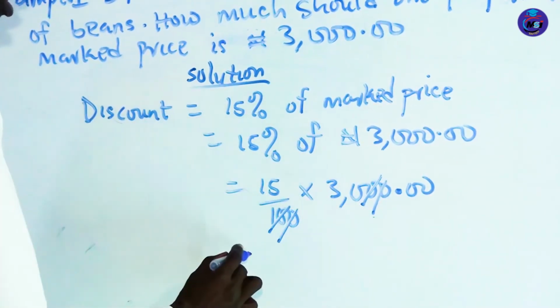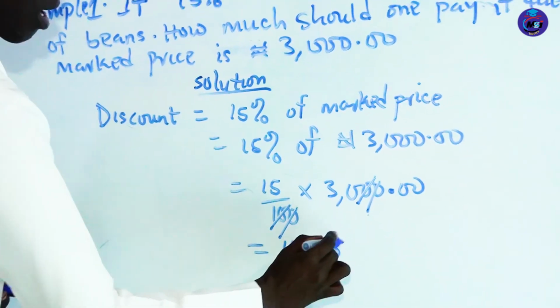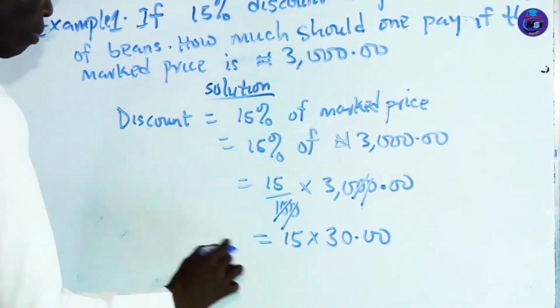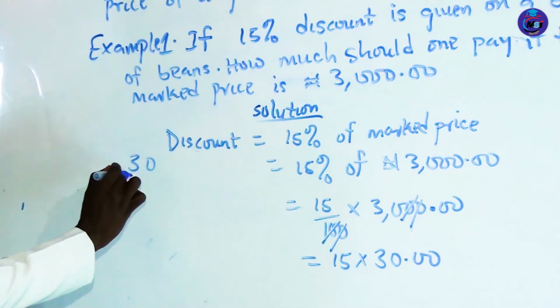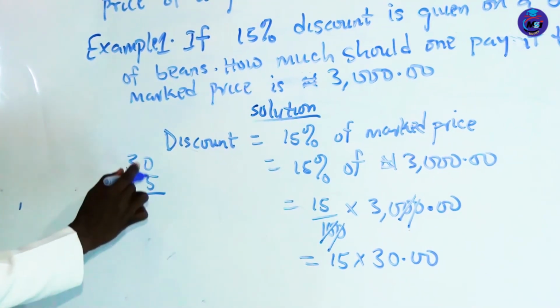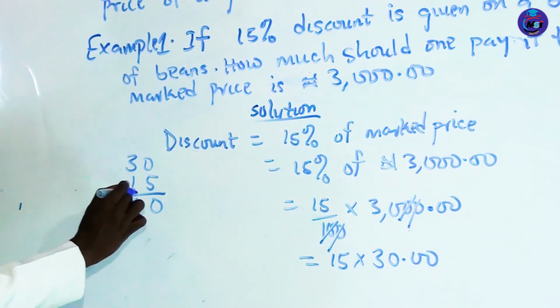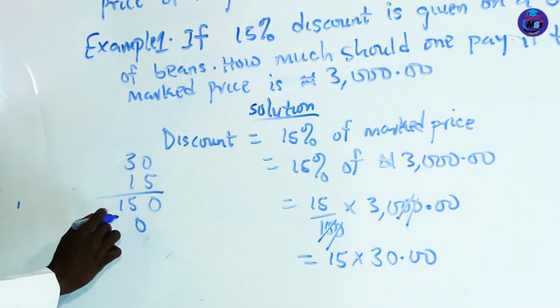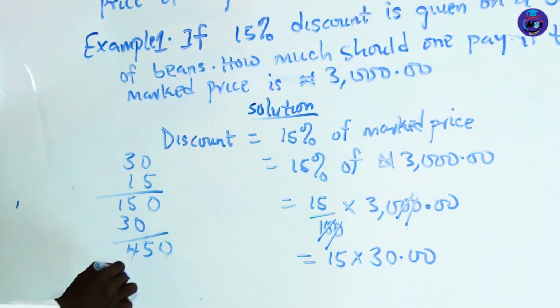This cancels this. We are left with 15 times 30.00. Now let's multiply. 5 times 0 is 0. 5 times 3, we have 15. 1 times 0 is 0. 1 times 1 is 1, 3, 3 is 0, 5, 4.